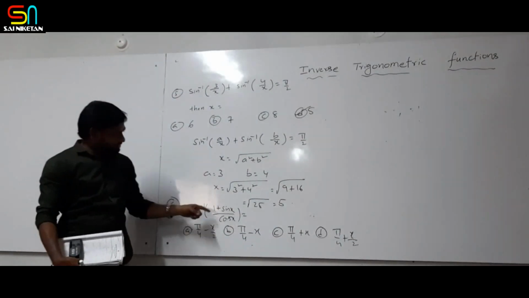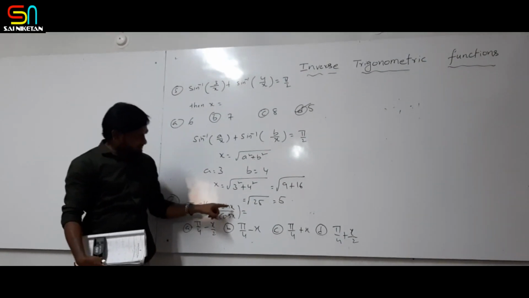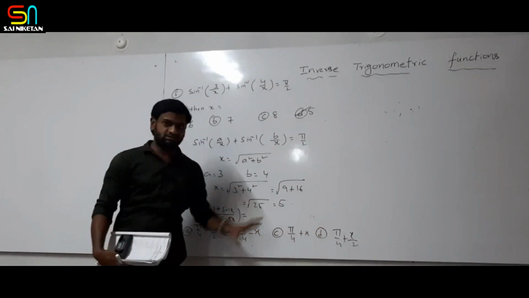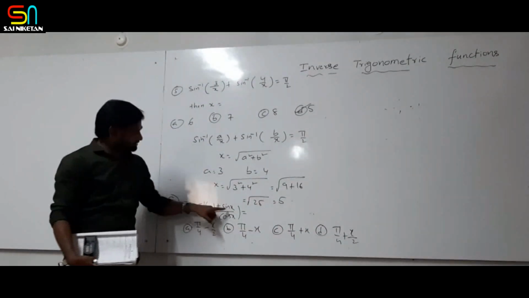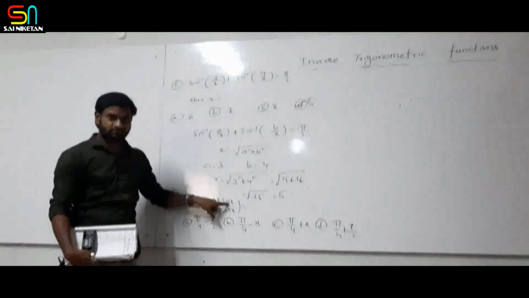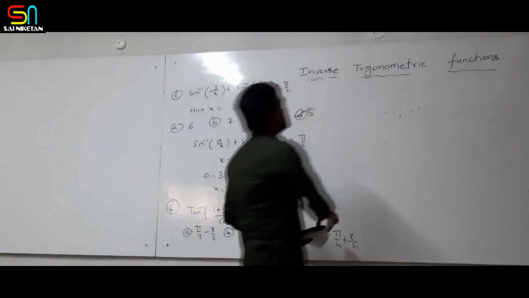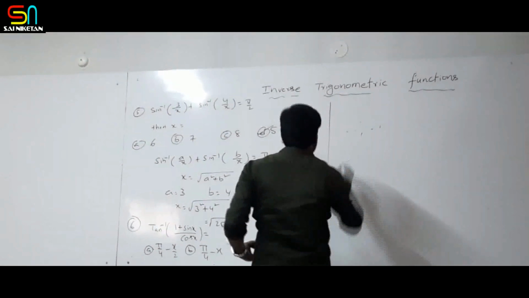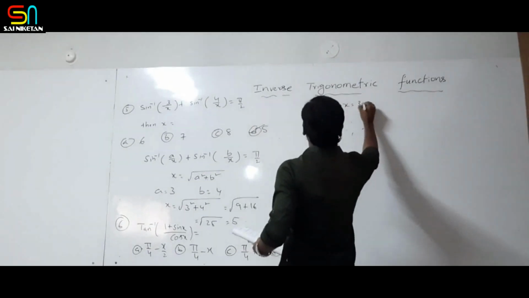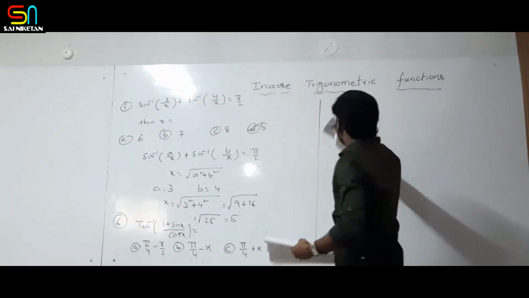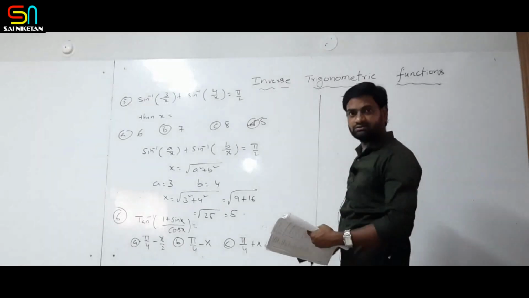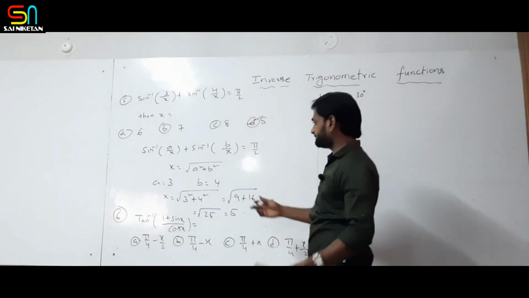In the same way, here in the question there is x, and in the answer also there is x. In this way, we can substitute some value of x. Suppose I am choosing the x value 30 degrees. You can choose another value also, but I am choosing 30 degrees here. Now substitute.